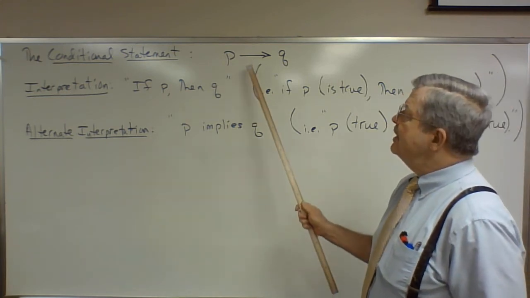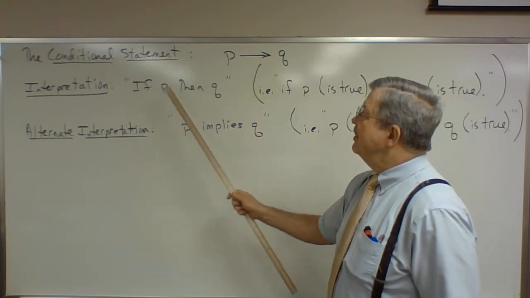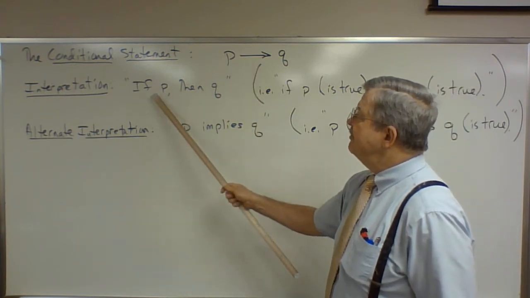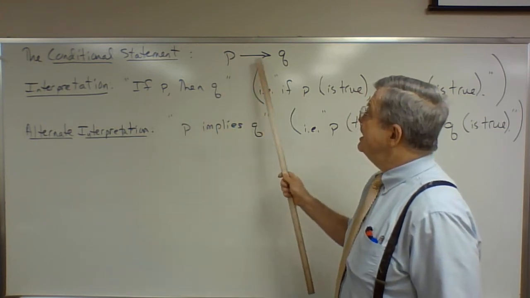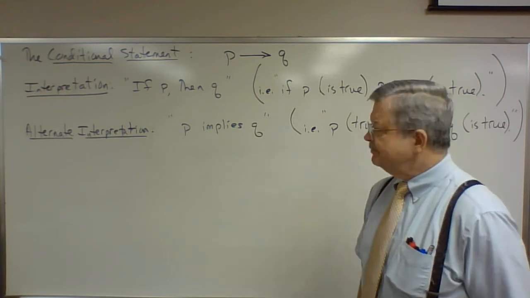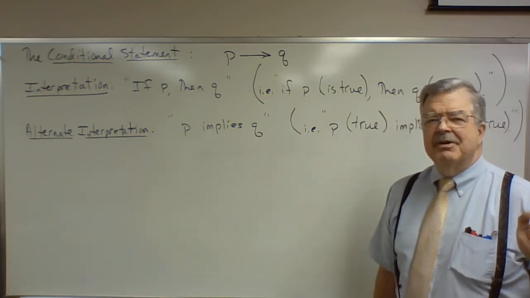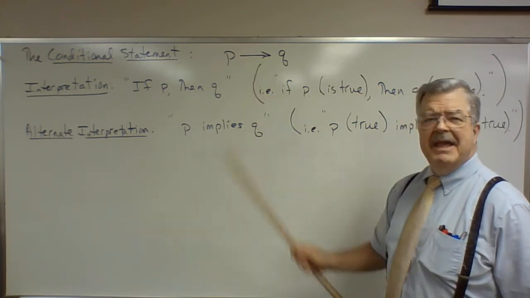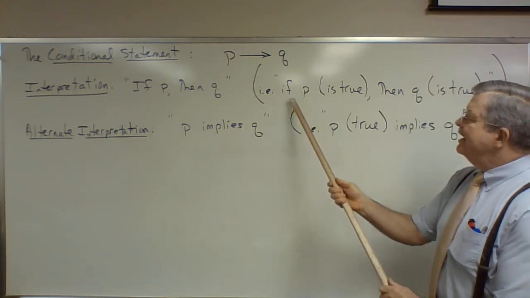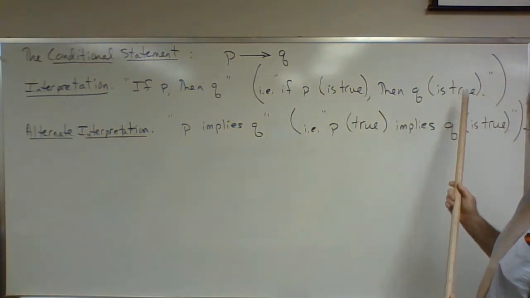And here's how we interpret this statement in English. We interpret this as if P, then Q. Now I can expand this a little bit. Here's the sense of it. What this is really saying is that if P is true, then Q is true.